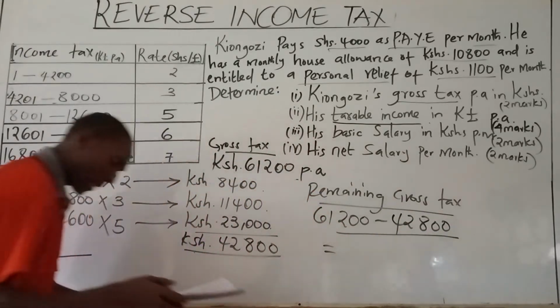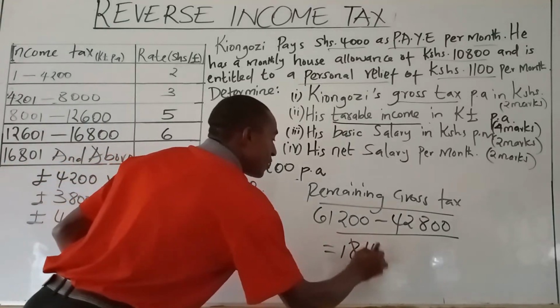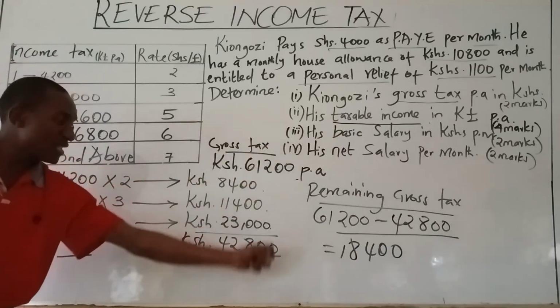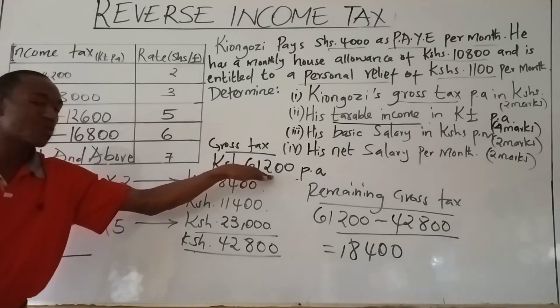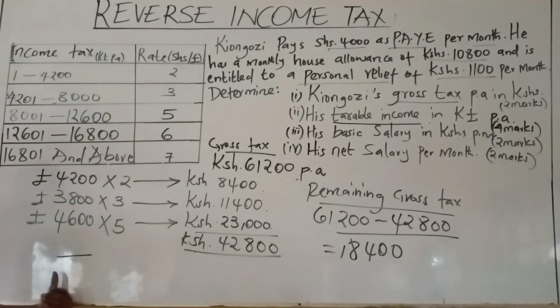This gives you 18,400. That is what is remaining on this side, so that you can balance the amount of money that you have in the gross tax with what you've already gotten when you do taxation.